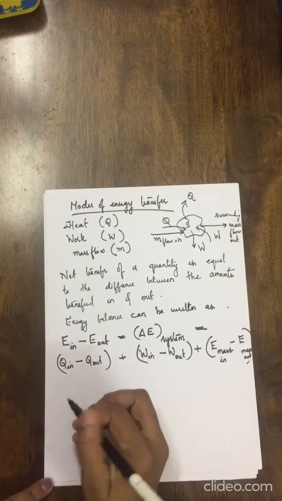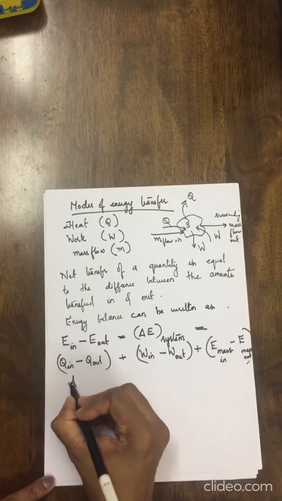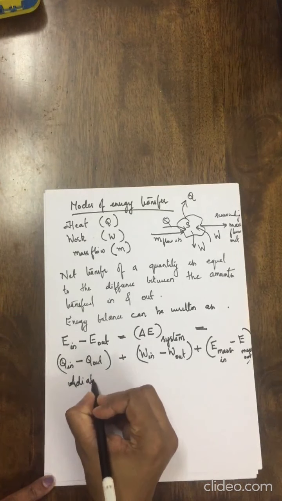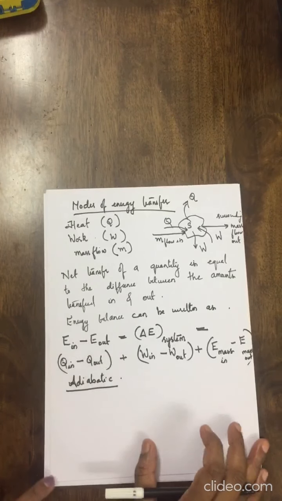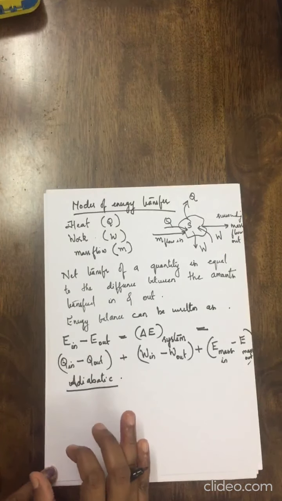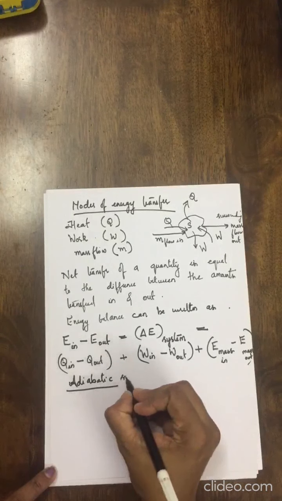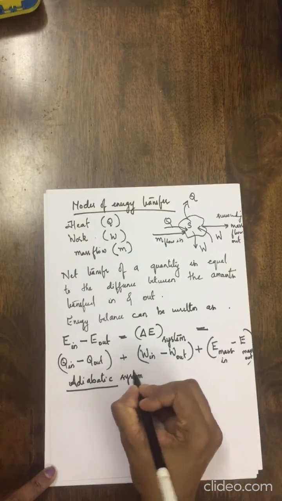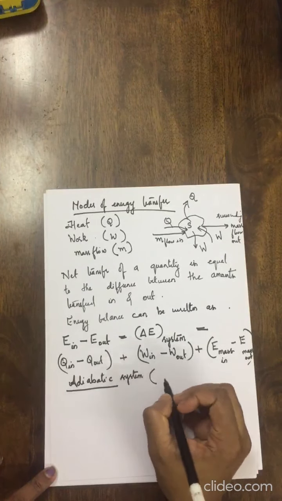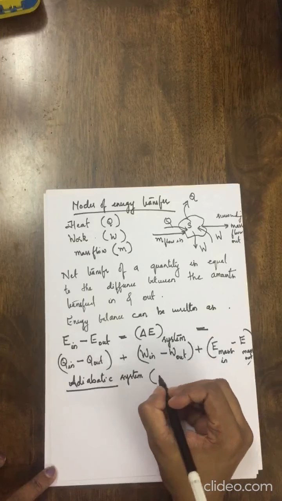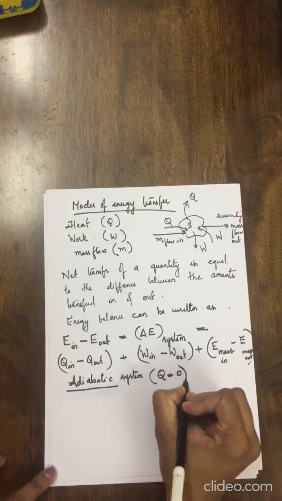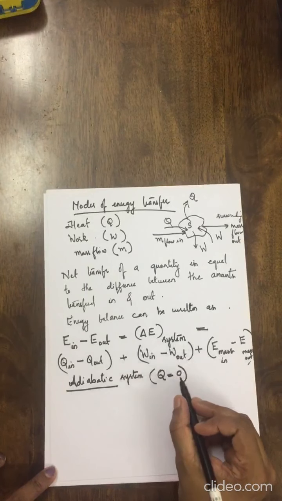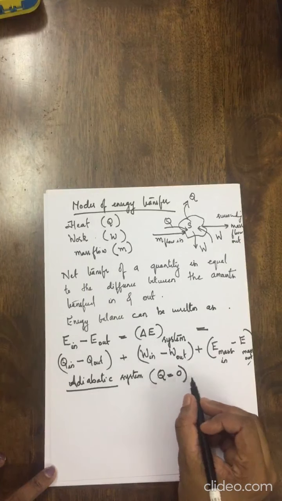In case a system is adiabatic, the process happening in an adiabatic system may be so fast that the system does not have enough time to exchange heat between system and surrounding.